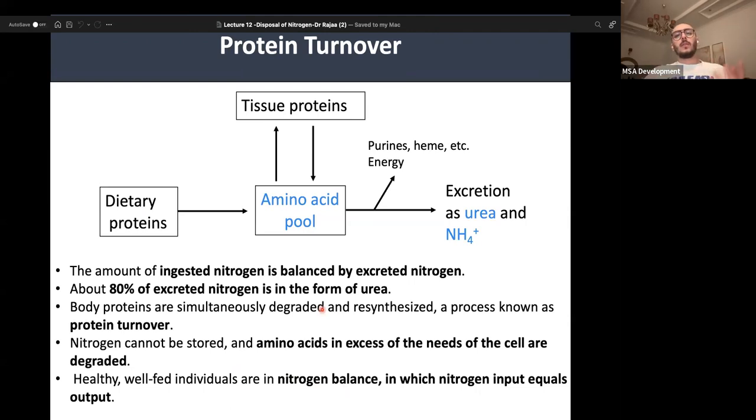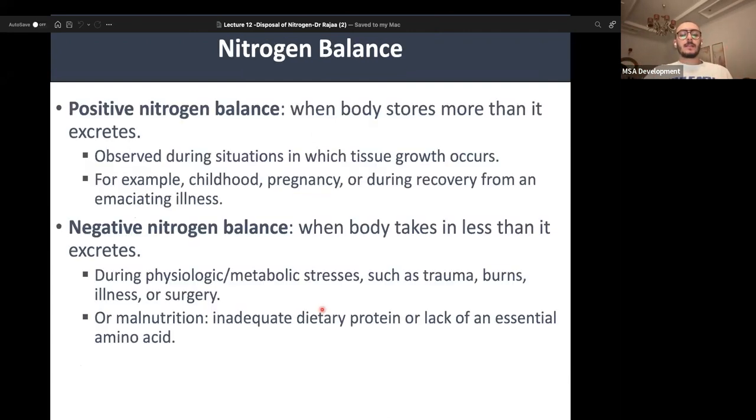So if you increase your protein intake, your body has to increase the nitrogen output or excretion just for the sake of this balance. When I say a person is in a positive nitrogen balance, this means your body is storing the nitrogen more than it is excreting. What are examples of people with positive nitrogen balance?